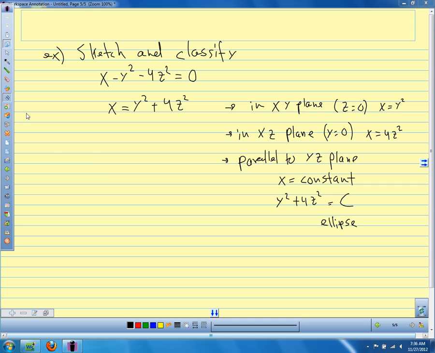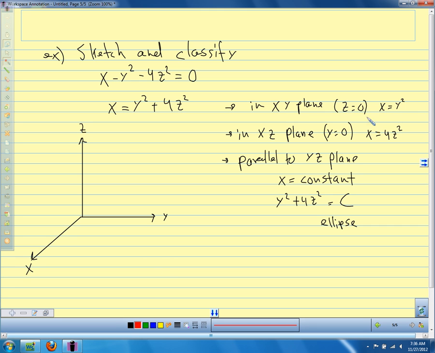So let's sketch this. This gives us the information we need to start sketching this. So here are our axes. This is y, x, and z. So in the xy plane, we have this parabola x equals y squared.